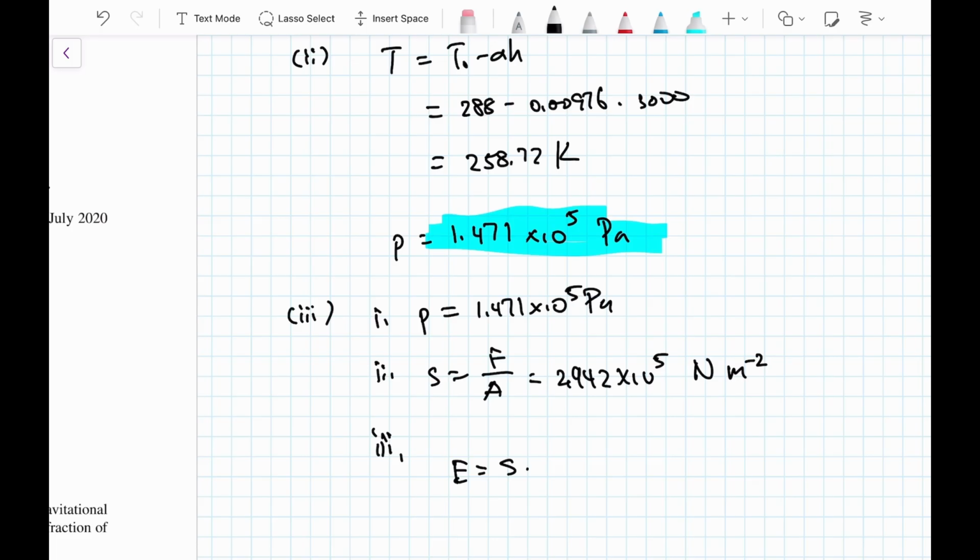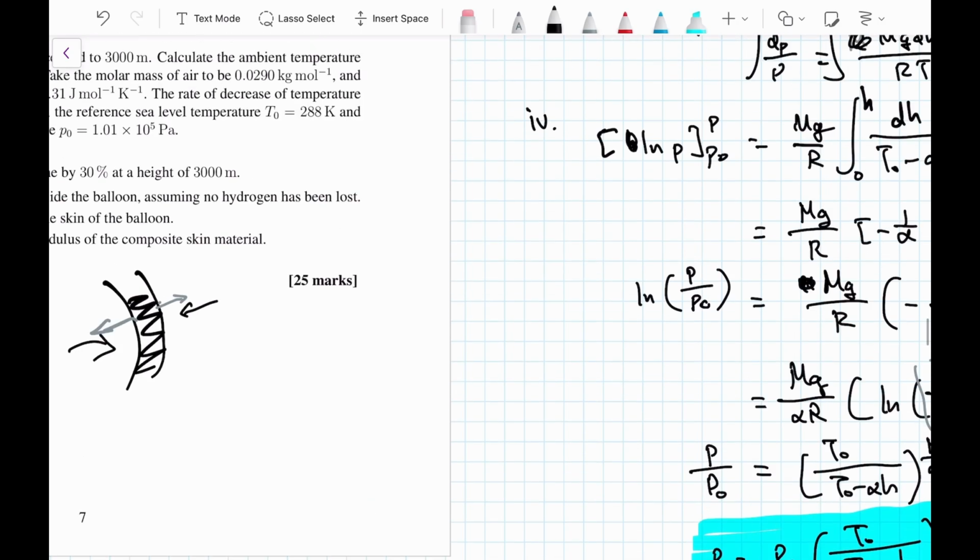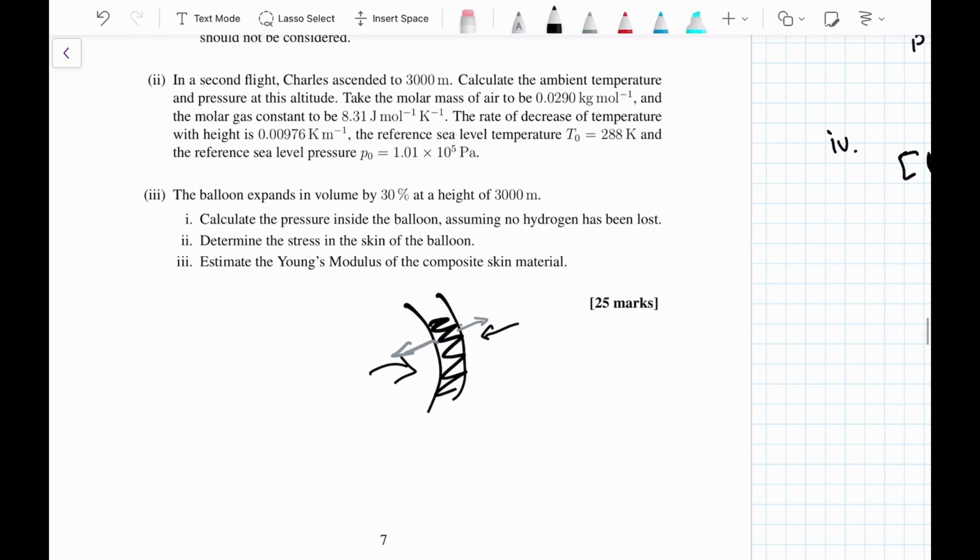Now the reciprocal of the strain is just L over X, the initial length over the extension. So I think what we can extract this information from is the idea that the volume was expanded by 30%.